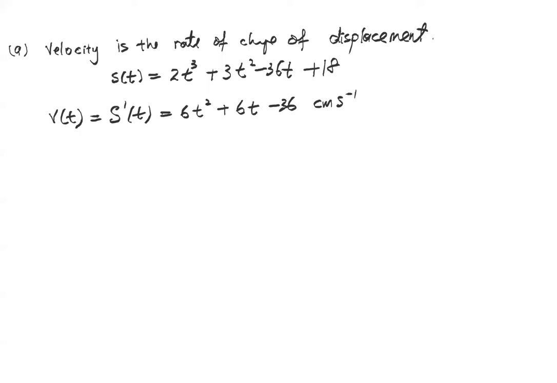So first of all, I want to draw the sign diagram. I must know vt equals 0. Okay, so you can use your scientific calculator or your graphic calculator to get the answer. Yep.